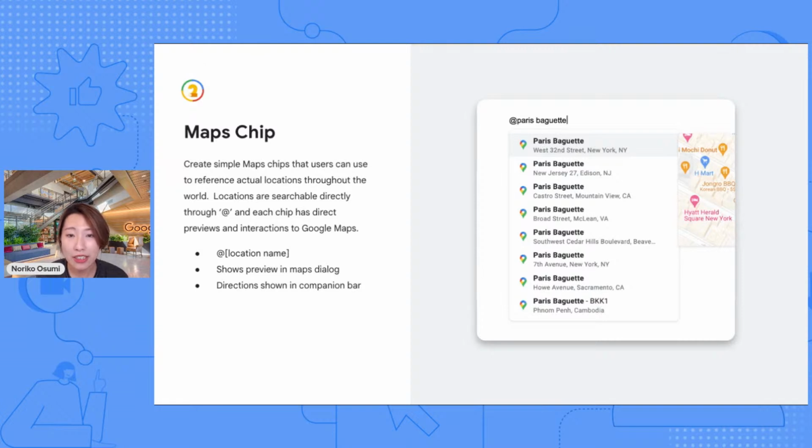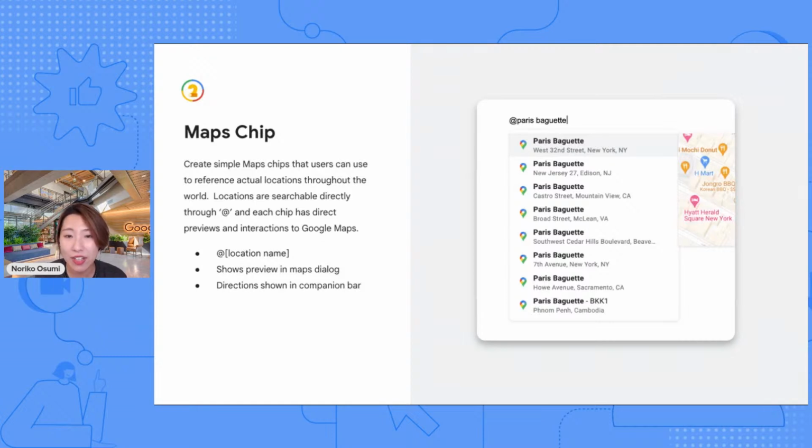What it does is create an actual chip that, when users hover over it or click on it, they can see things like an actual preview from Google Maps. You can also get directions. So going back to the summit example, now you've got my summit draft ready and our events planned out.